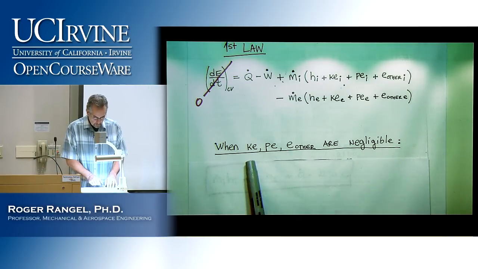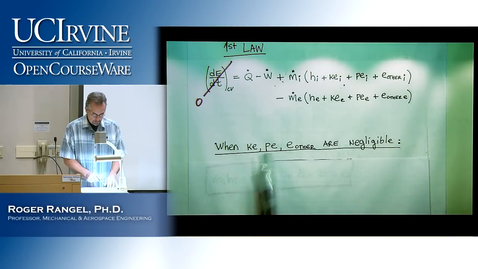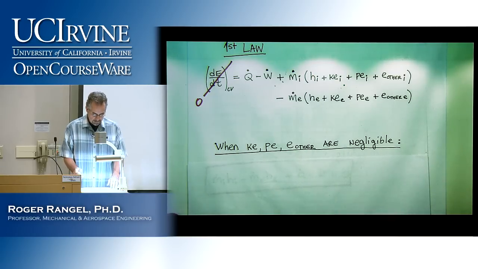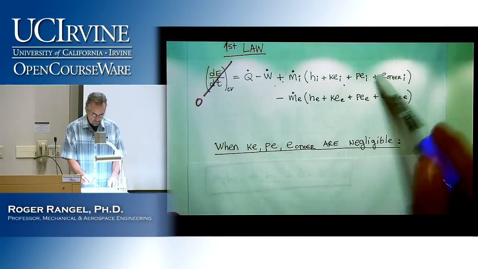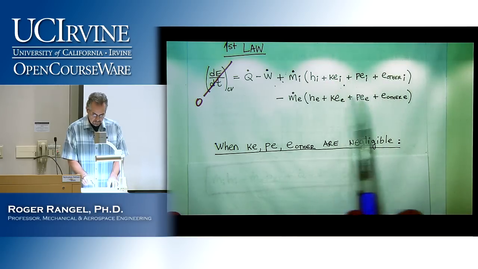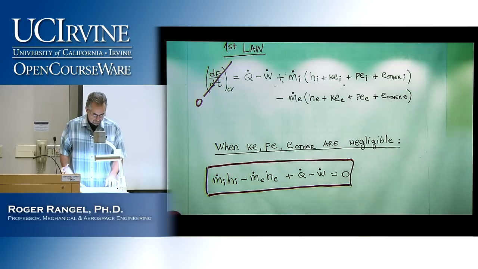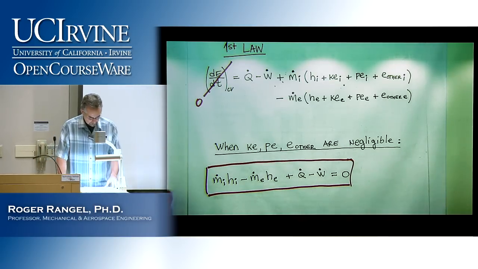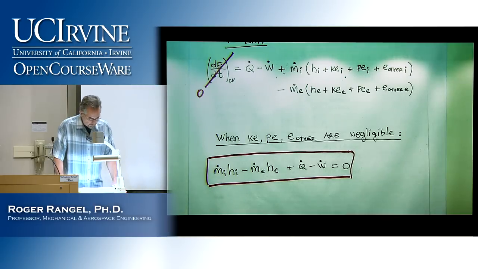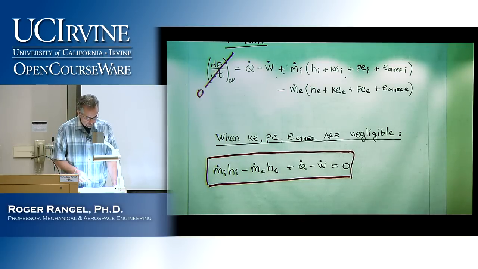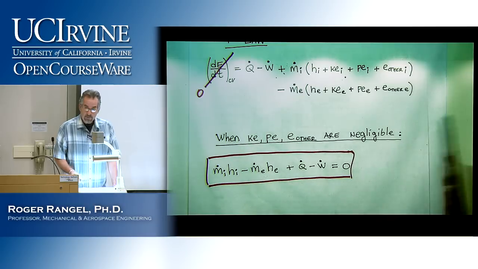So if we do make the assumption that kinetic energy, potential energy, and any other form of energy variation is negligible, then this equation, of course, loses the last three terms inside the parentheses, and we're left with this, which is a typical expression for the first law of thermodynamics for a steady state operating device neglecting those forms of energy.